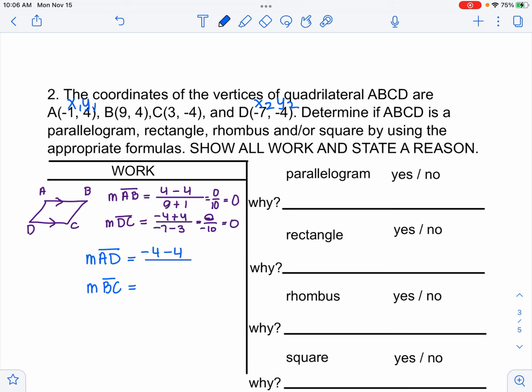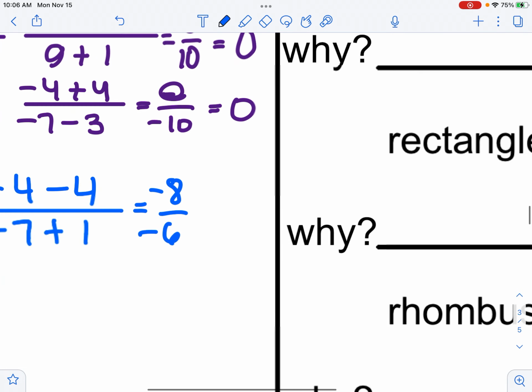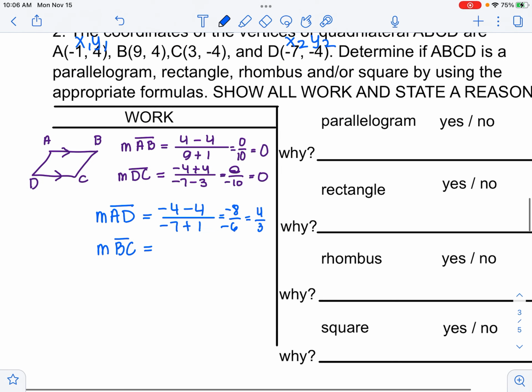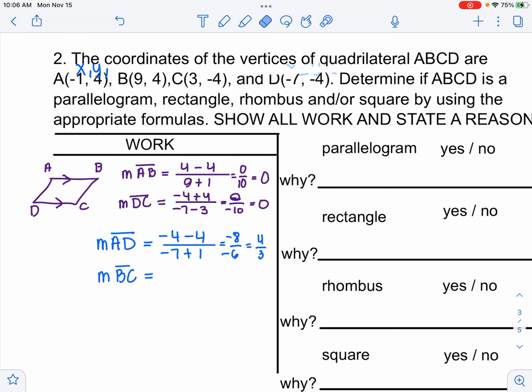Negative 4 minus 4 over negative 7 minus a negative 1, so plus 1. That's negative 8 over negative 6. Negative over a negative is a positive, but 2 goes into both of those, 4 times and 3 times. That's positive 4/3.